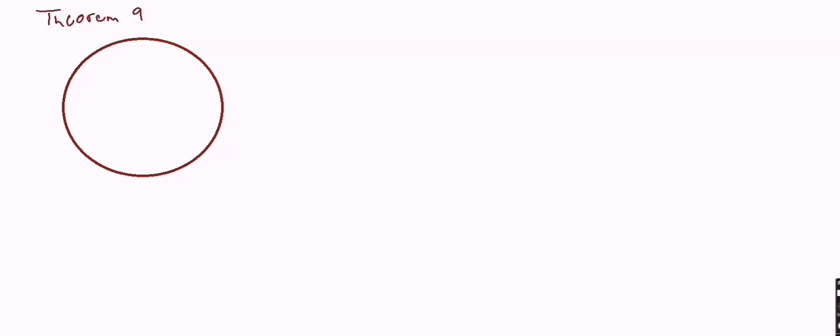So if I've got a tangent, and then within the tangent I've got a chord that touches the tangent, that chord happens to produce an angle at the circumference.